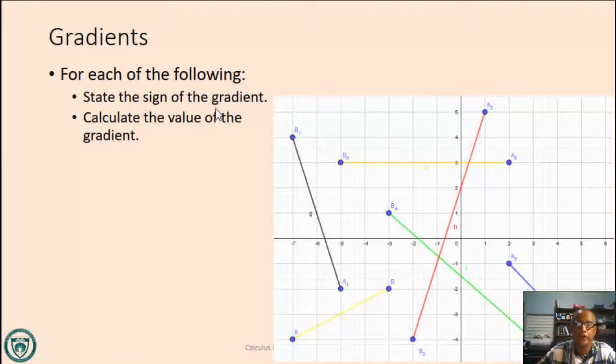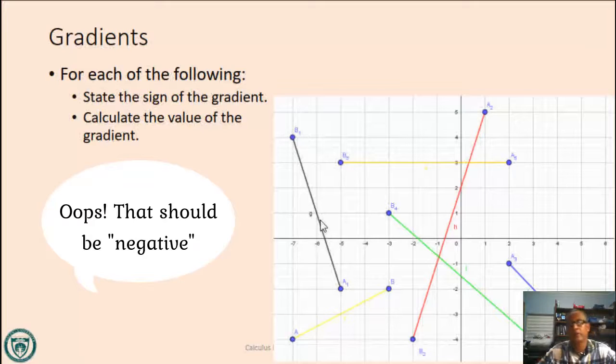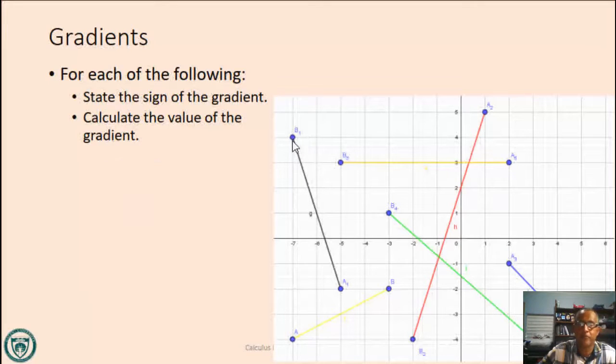For each of the following, state the sign of the gradient and calculate the value of the gradient. I'll do a few of them. For this one, the gradient will be positive. One easy way to look at this is to always take the leftmost as the initial. If the leftmost point is the initial point, then ask yourself, does the y increase or decrease as you go to the other point?